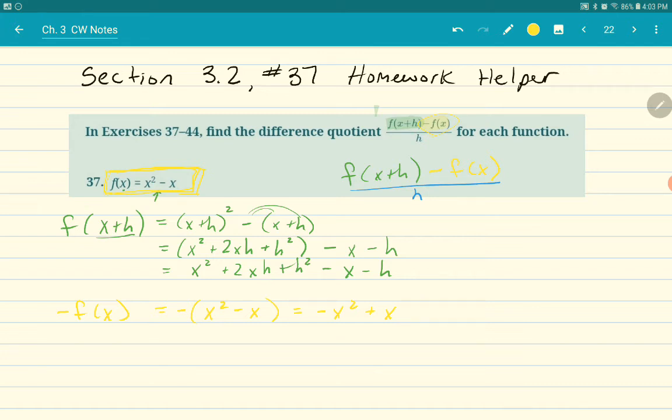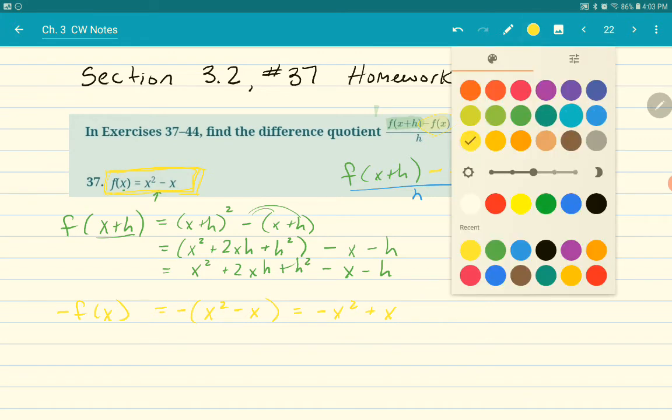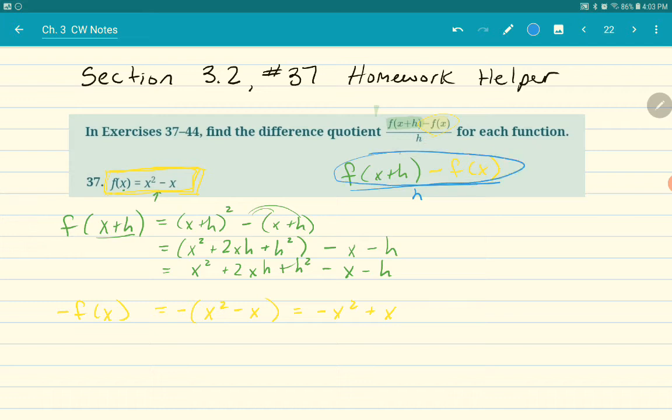All right, now to evaluate this whole numerator, I want to take the green piece plus the yellow piece, since I used a minus in front of the function. The reason I like doing a plus and using the minus in front of the function is then I can eliminate things.